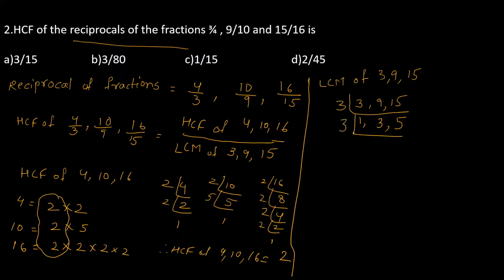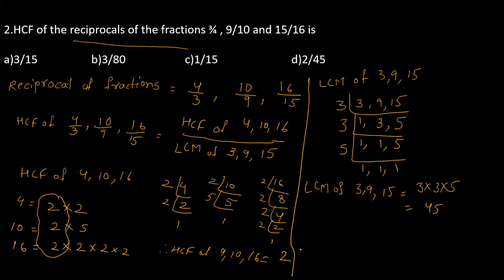Next, 1 is as is, 3 1s are 3, 5 1s are 5. So what is the LCM multiplication of? LCM of 3, 9, 15 is equals to 3 into 3 into 5. 3 3s are 9, 9 5s are 45.